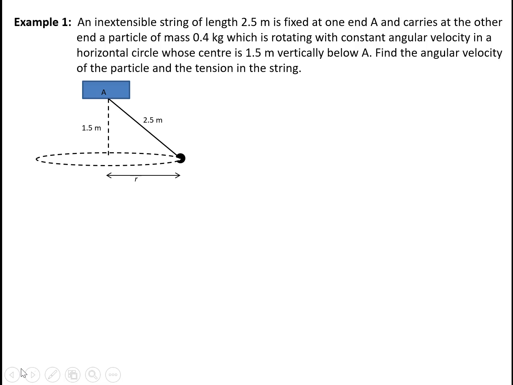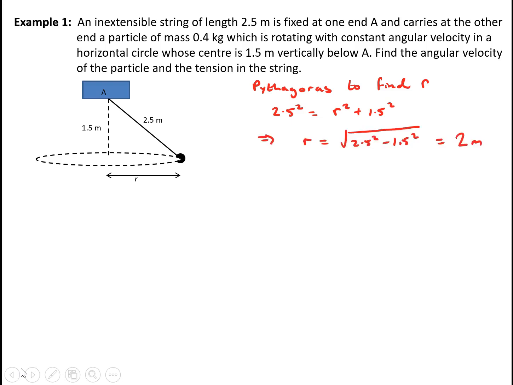So looking first of all at the radius, we can use Pythagoras' theorem. We've got 2.5 squared equals r squared plus 1.5 squared. So r is the square root of 2.5 squared minus 1.5 squared, which gives me 2 meters.